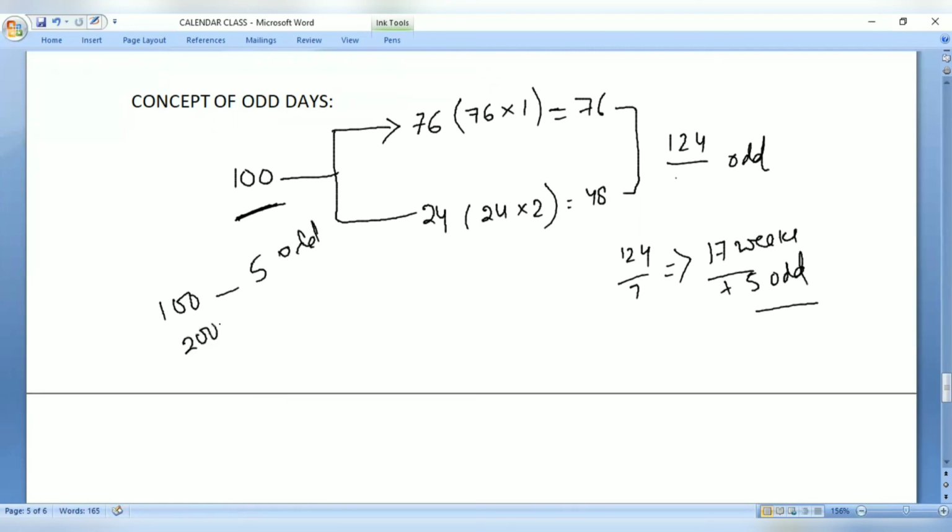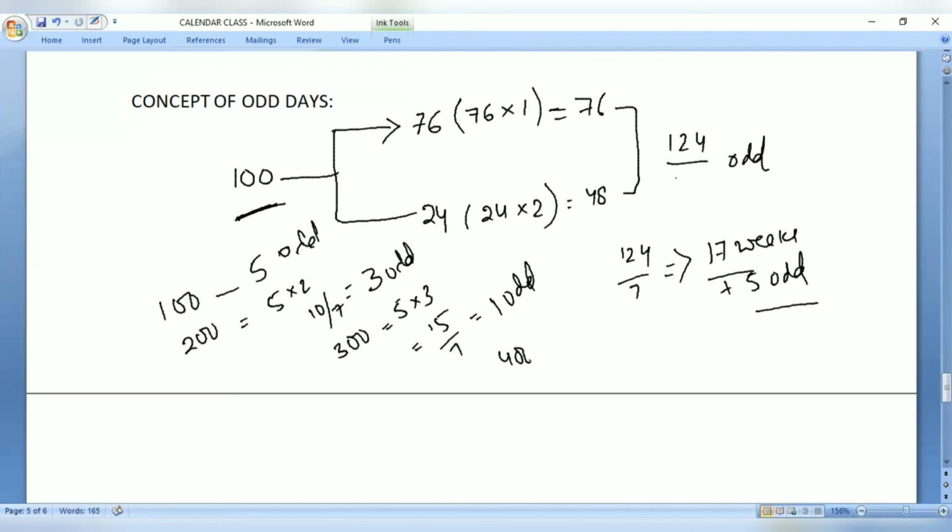For 200 years, 5 into 2, that means 10. 10 again divided by 7, so 3 odd days, right? Then for every 300 years, 5 into 3 is equal to 15 divided by 7. So 2 weeks gone and then 1 odd day.